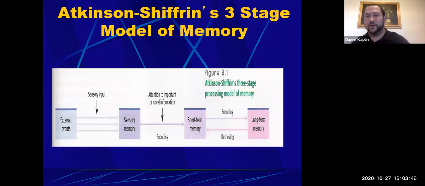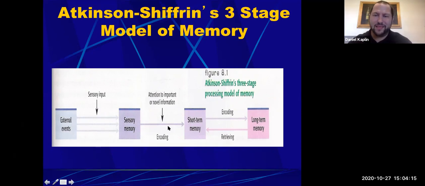You might not store that. You might ignore that right away. But if it's important and you pay attention to that information, it's going to go into a sensory memory. Then you're going to focus on the most novel part or the most important part of that and bring it to short-term memory, and then you're going to go through whatever rehearsal strategies that you have to finally encode it and store it in long-term memory.